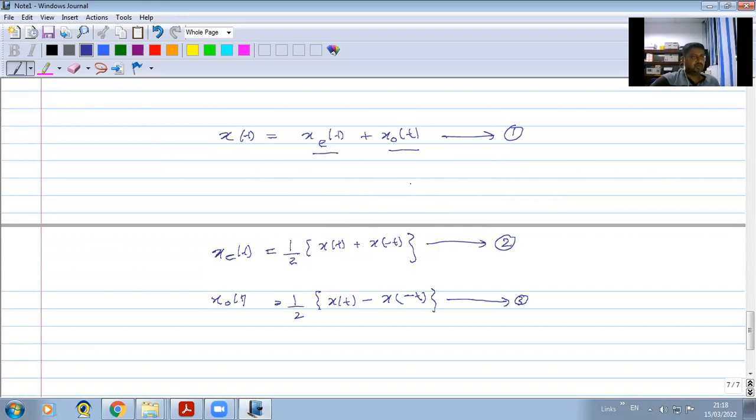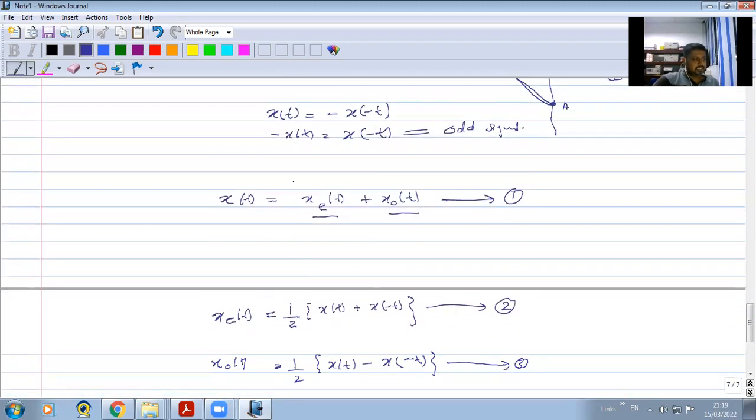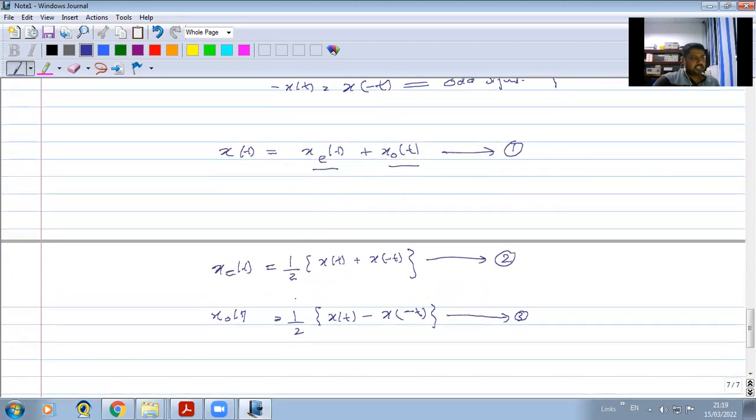That is the more important thing. If you can't remember this identity, I can give it to you, but try to remember it, then you can do the calculation quickly. So please keep remembering these three identities.